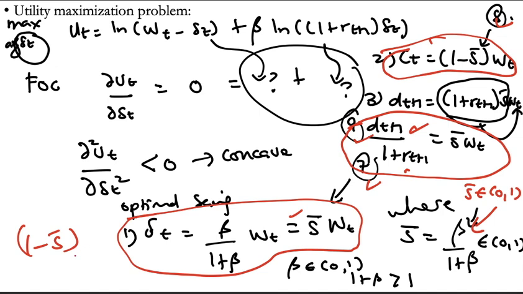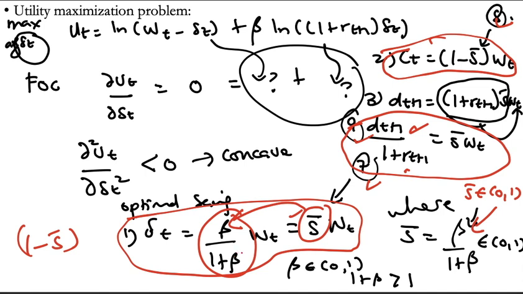Now, look at the saving rate here. This is the saving rate, which is this. Here you can see that the saving rate is equivalent to the marginal propensity to save, MPS, in this context. You can see the saving rate consists of the discount factor. That means the saving rate S bar is determined by the discount factor.